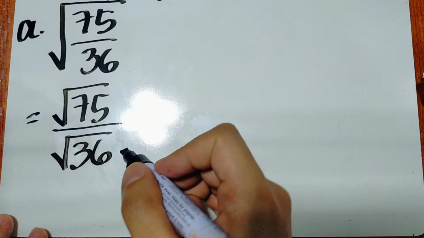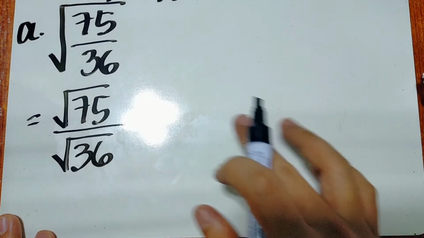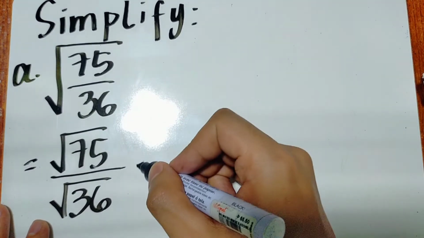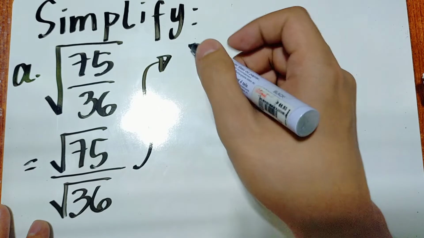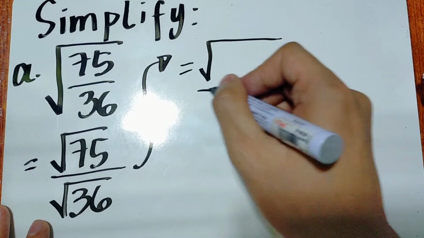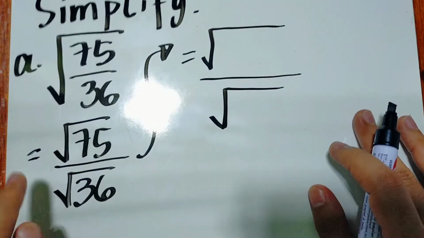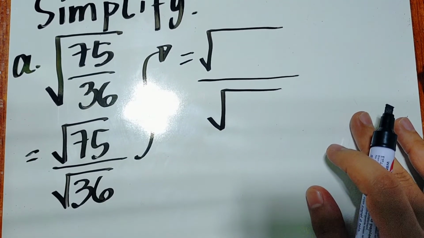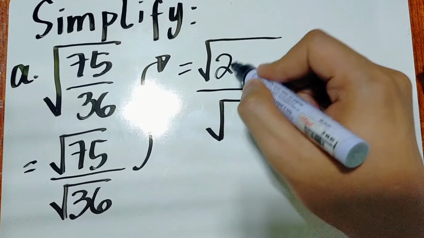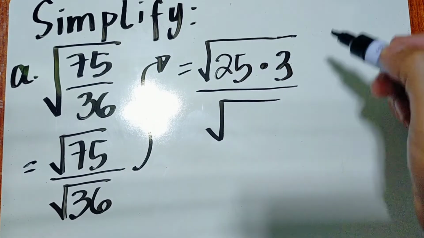We all know that 75 is not a perfect square, so kailangan nating hanapin yung factor niya na may greatest perfect square. Ano ba yung factor ng 75 na may greatest perfect square? That is 25, and the other factor is 3.